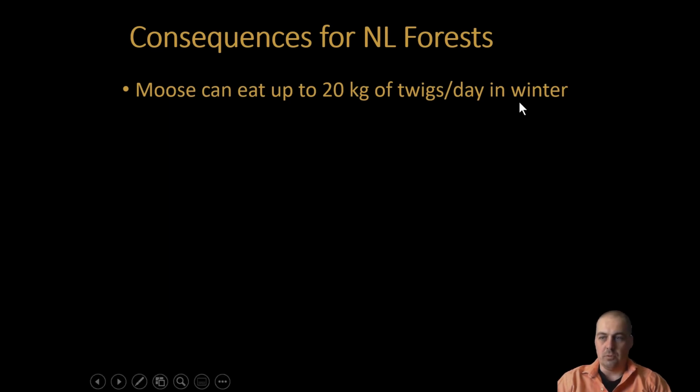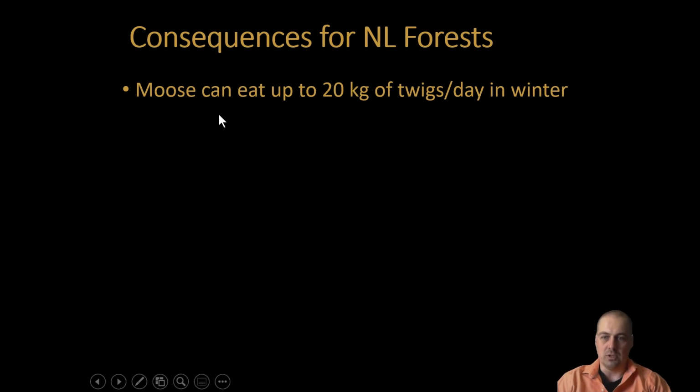So the effects on the Newfoundland forest. Just a couple of stats here from Parks Canada. Moose can eat 20 kilograms of twigs per day in the winter, so that's a considerable amount. I will mention, we're discussing the trophic cascade of wolves to moose to fir. In the summer there are lots of different food sources: deciduous trees, berries, all that sort of stuff.